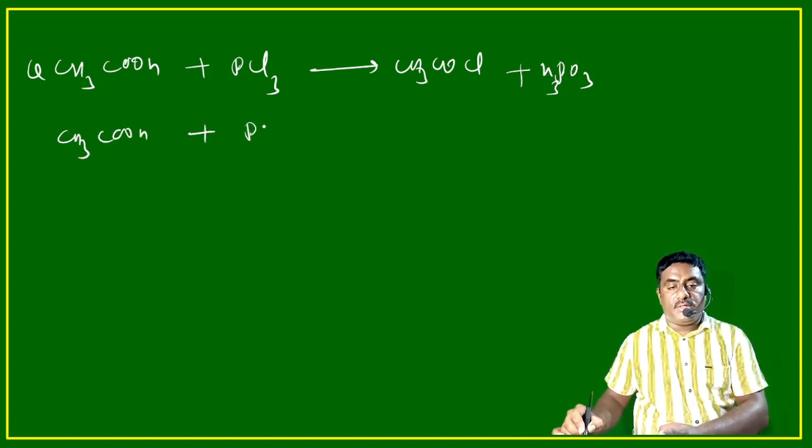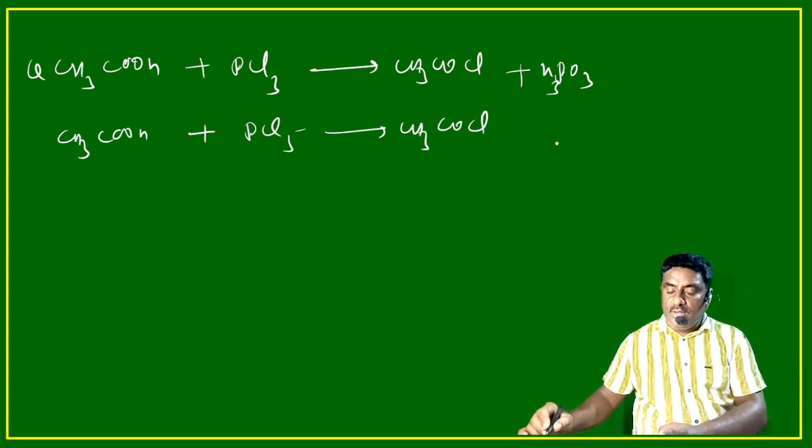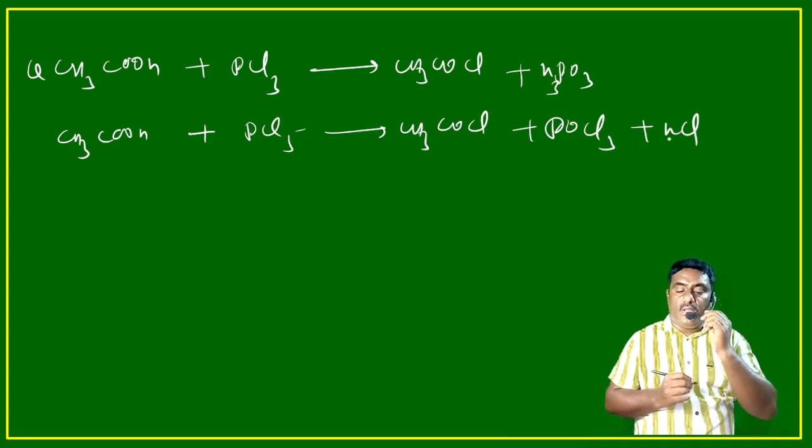CH3COOH in presence of phosphorus pentachloride is also formed CH3COCl and POCl3 plus HCl, hydrochloric acid.